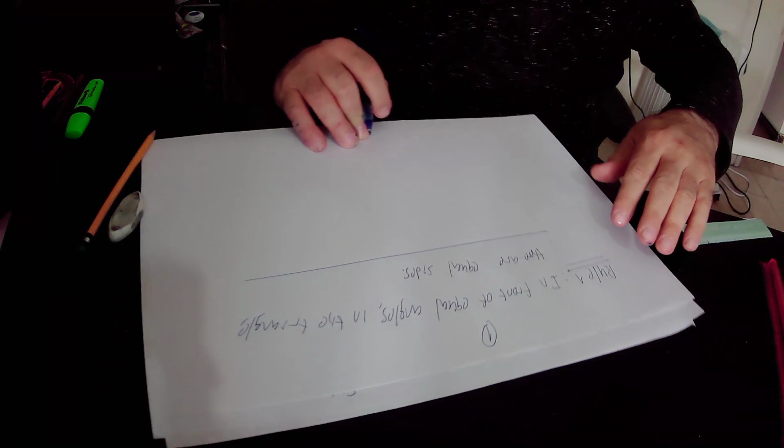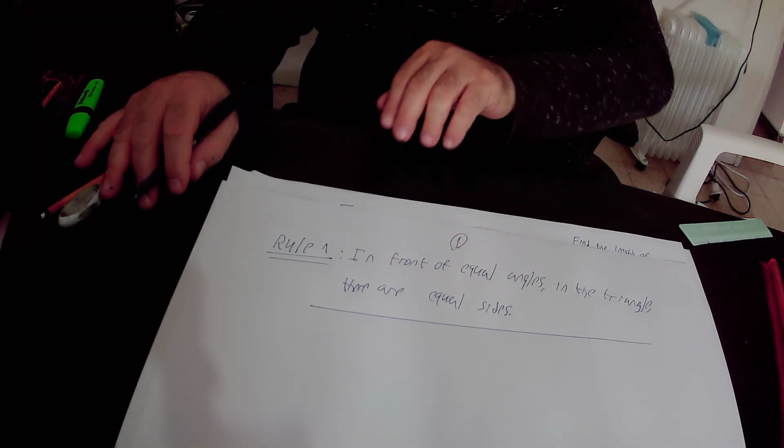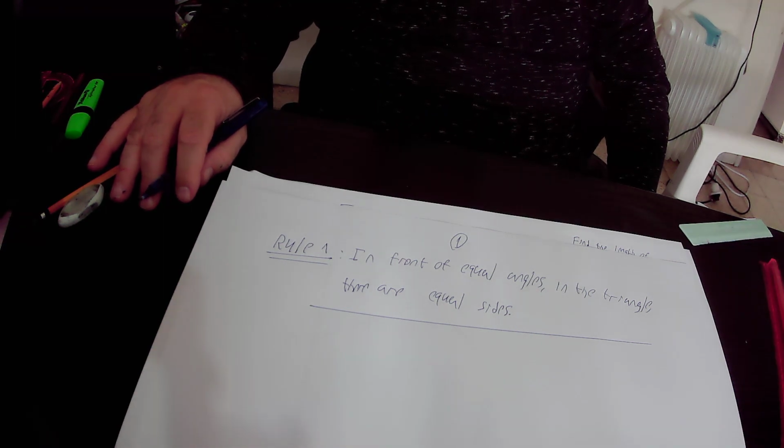I will read rule number 1 again. According to rule number 1, in front of equal angles in the triangle there are equal sides.